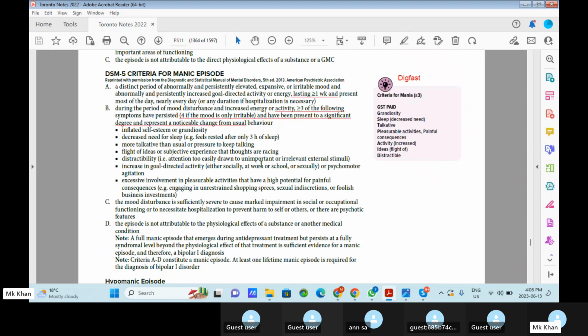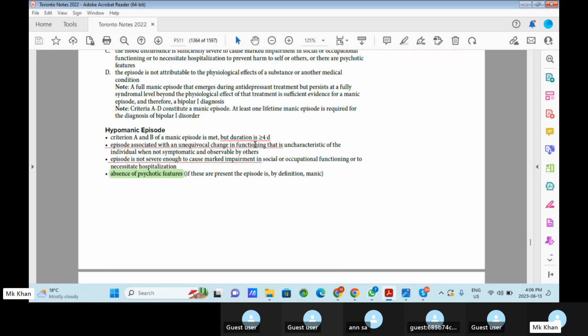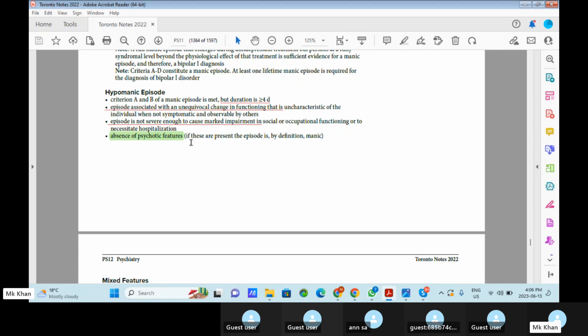So the A and B criteria are the same; it's only that here it was more than 1 week, and in hypomania it is 4 days. The episode is associated with an unequivocal change in functioning that is uncharacteristic of the individual when not symptomatic and observable by others. The episode is not severe enough to cause marked impairment.